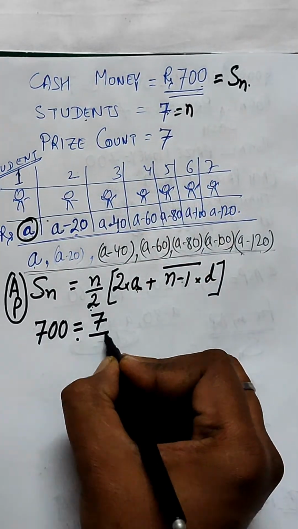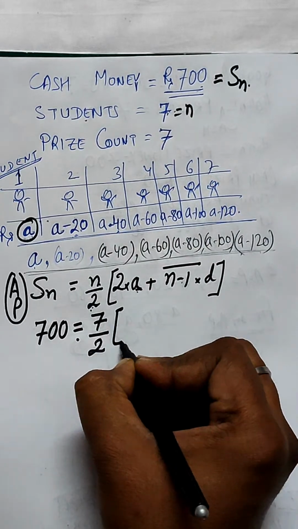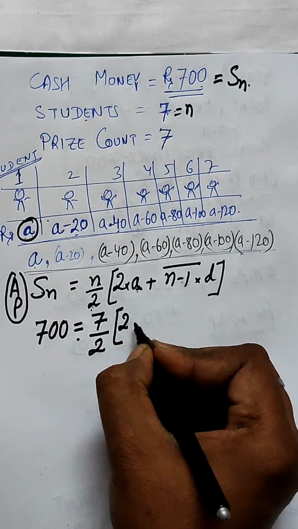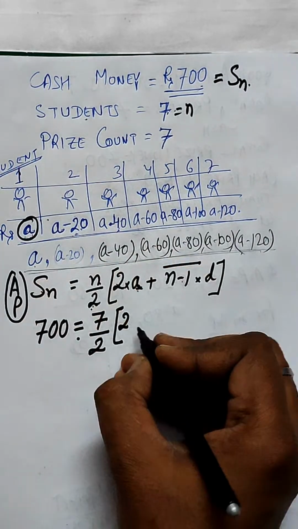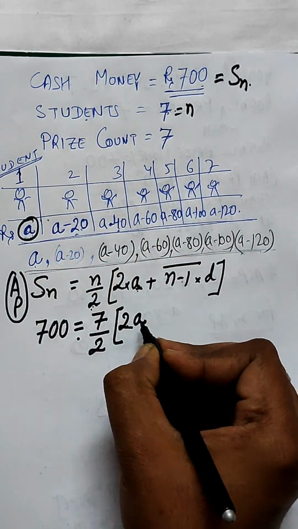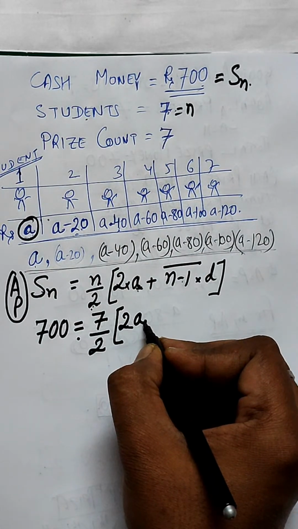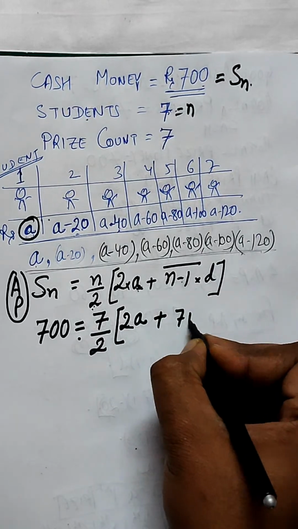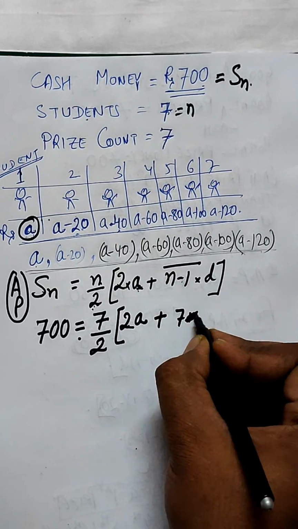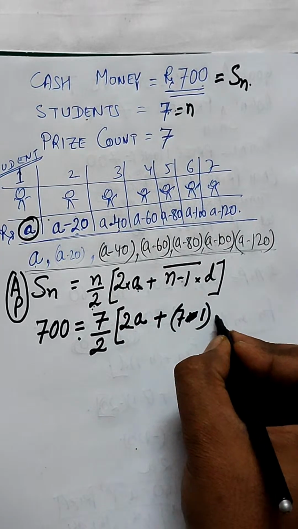So this will be 7 by 2 into 2A. We have assumed the first student is getting A, so this is a variable to us. So 2A, leave it as it is, plus n minus 1, which will be 7 minus 1, into D.